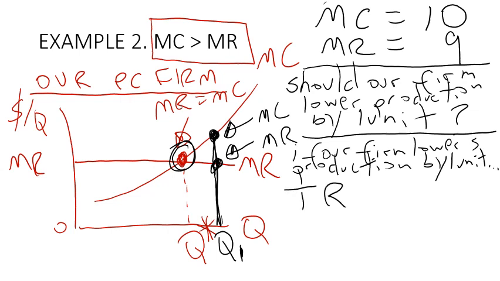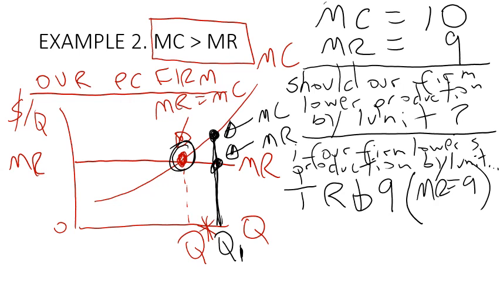Well, since the unit is not produced or taken away from production, TR is going to decrease by $9. Why? Because that's the value of marginal revenue.